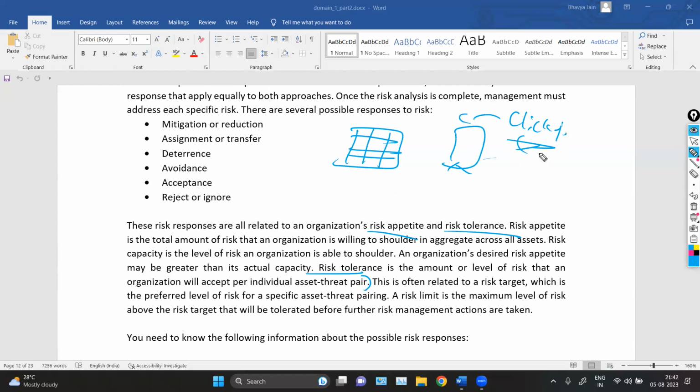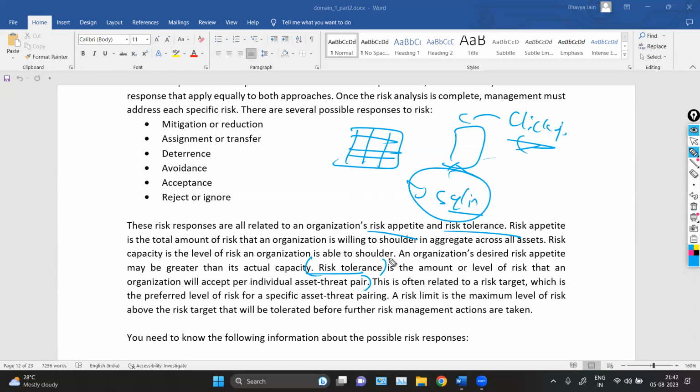But if your database is vulnerable to SQL injection, the impact of SQL injection is large. So it depends on which system, the size of your organization, the budget, and it varies from company to company. Okay, the tolerance factor: the risk which you can tolerate may not be tolerable by another organization.